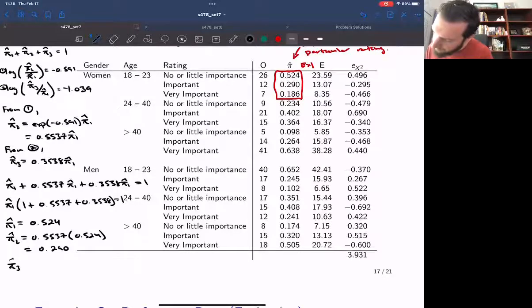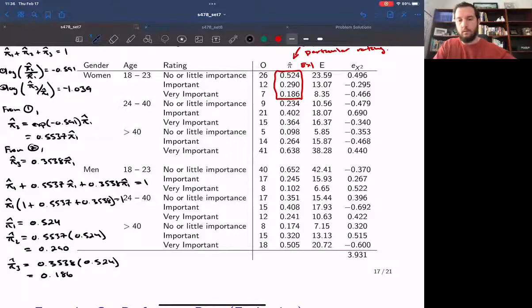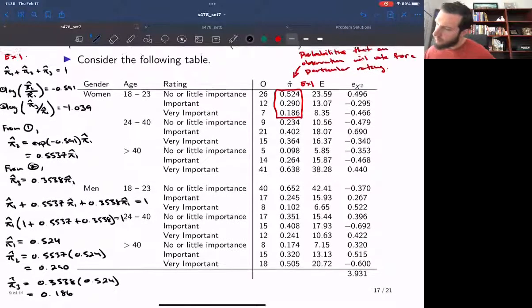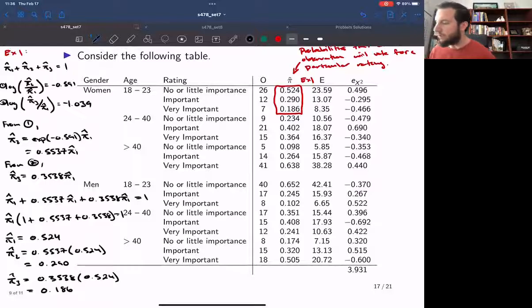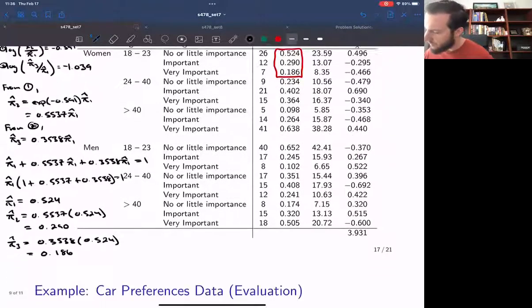And pi hat 3 would be 0.3538 multiplied by 0.524, which is going to be 0.186. That's how we can compute the probabilities, and we can do the same things for the other groups as well.